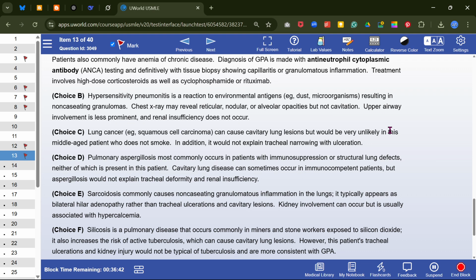And sarcoidosis commonly causes noncaseating granulomatous inflammation in the lungs. It typically appears as bilateral hilar adenopathy rather than tracheal ulceration and cavitary lesions. Kidney involvement can occur but is usually associated with hypercalcemia.